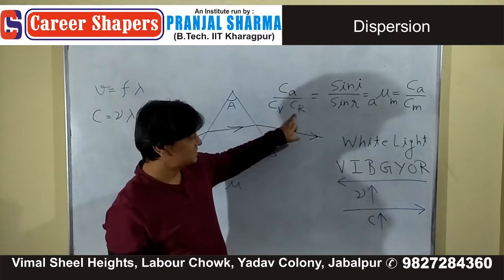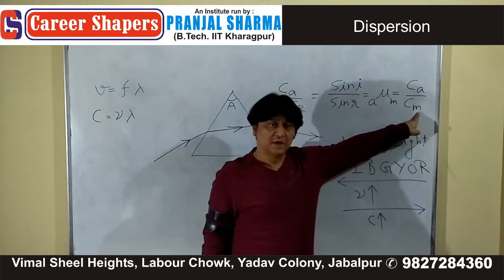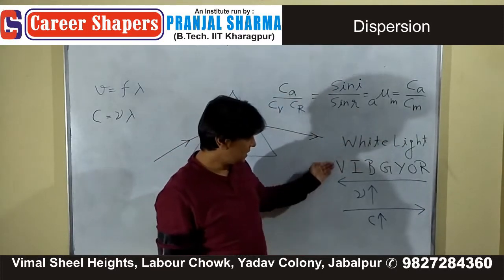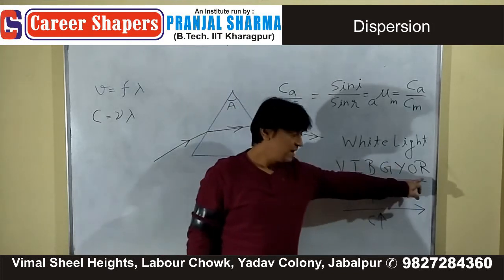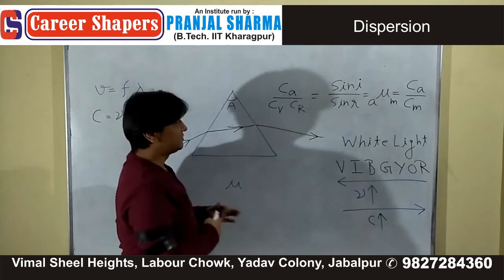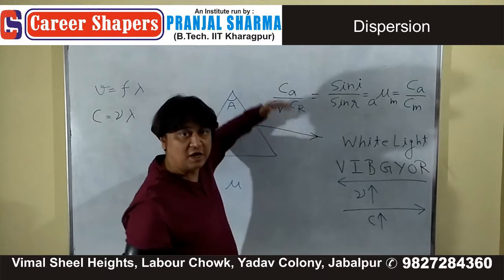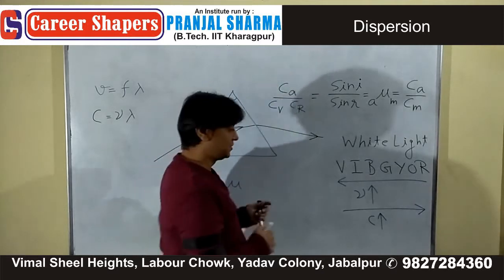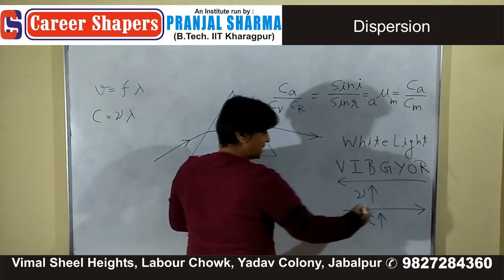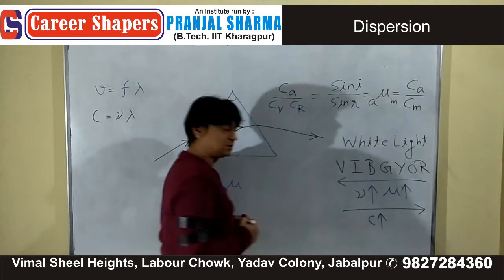Now CV and CR are not the same in a medium. CV, the speed of light in violet, is less than that in red. So if CV is less, the ratio Ca upon CV will increase. And therefore again, as you move in this direction, your mu also increases.